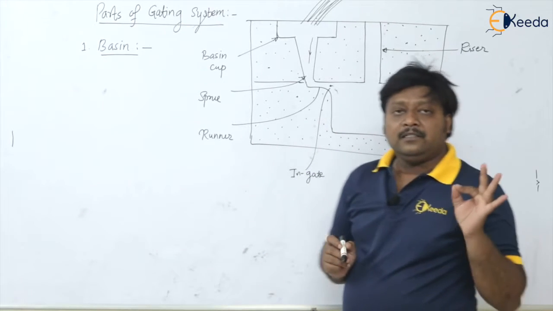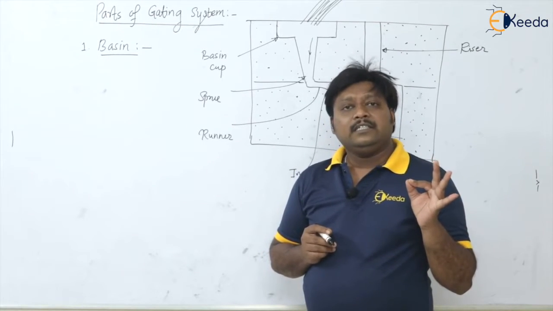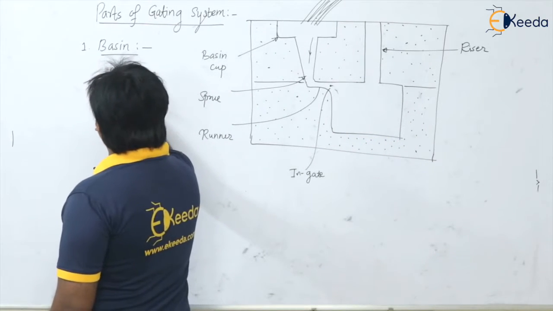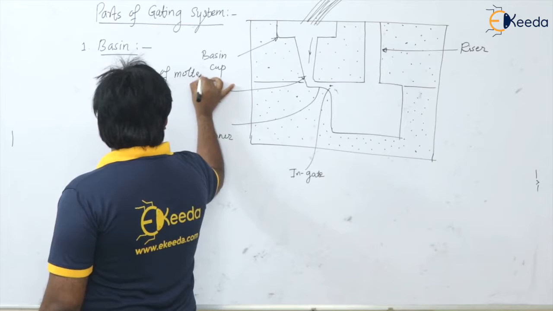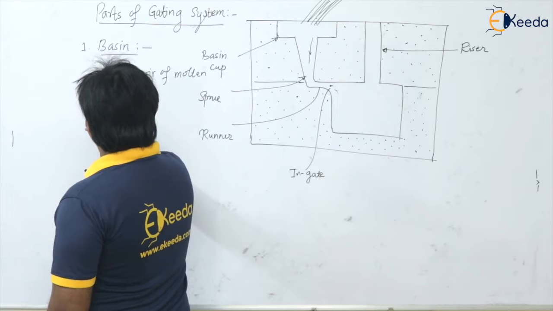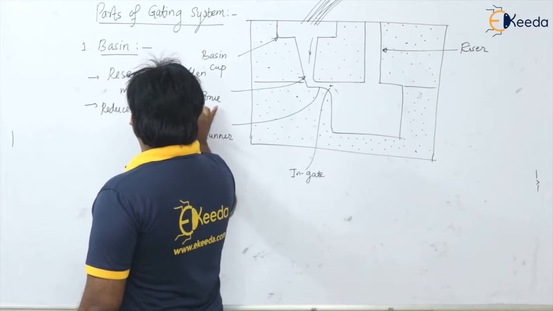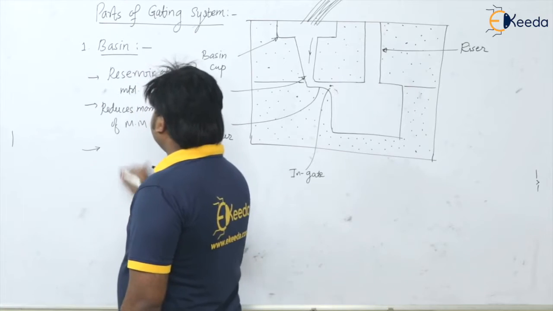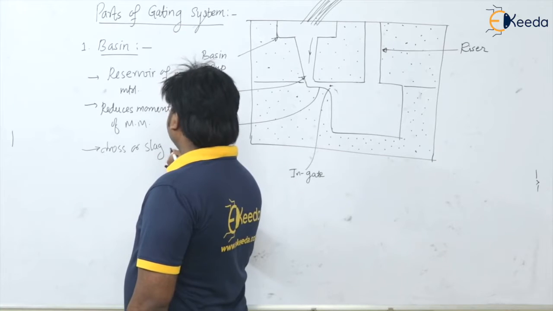So the basin, very important, you can easily understand, is what? The reservoir of molten material. Then it reduces the momentum of molten material, so that the dross or slag formation will be less.